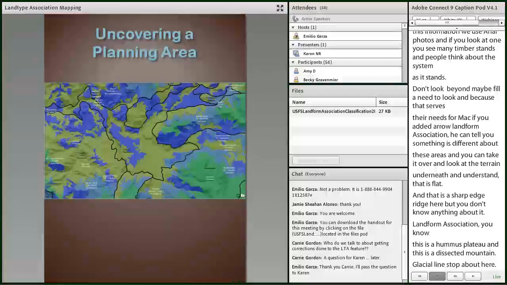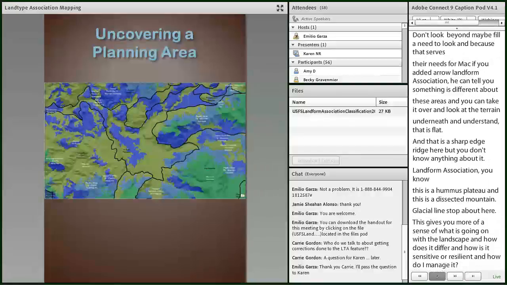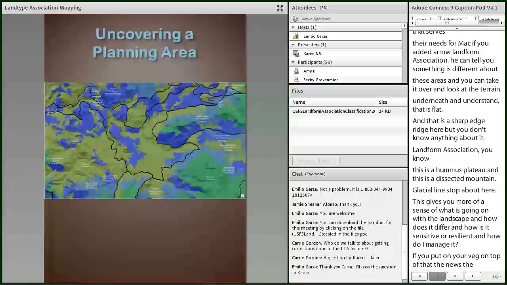So then if you put on your vegetation on top of that, you see that within each of these landform associations, you have Douglas fir, western hemlock, going up to grand fir, going up to subalpine fir, and on up into mountain hemlock.